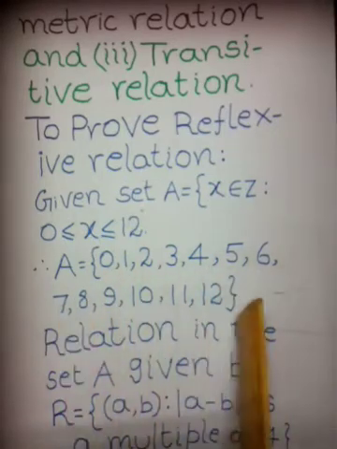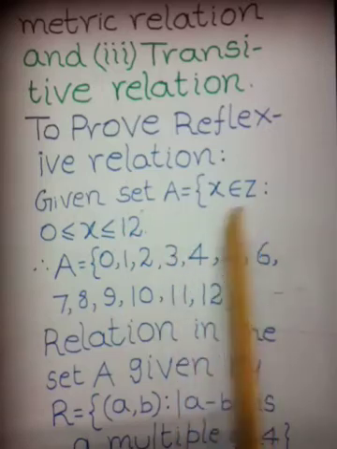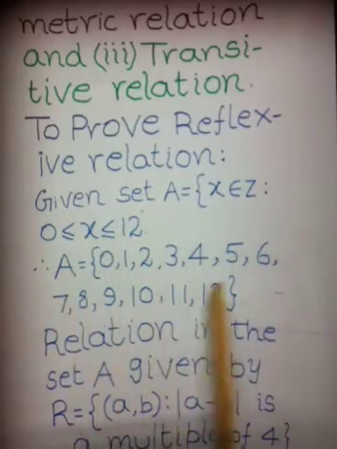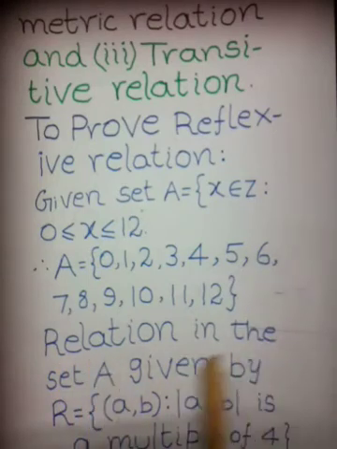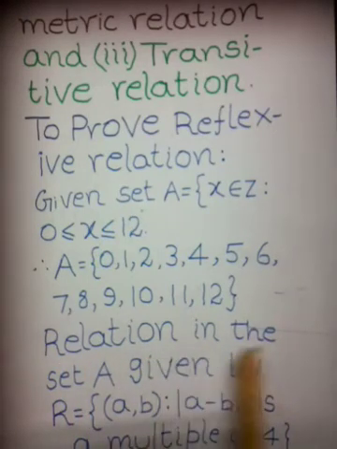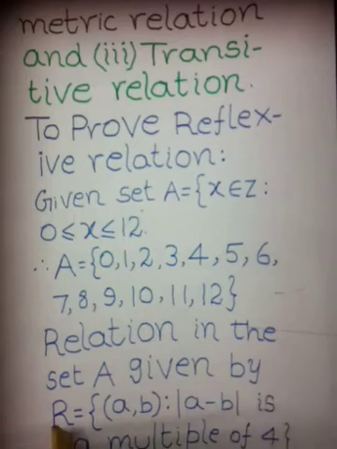And the relation in the set A is given by R is equal to the set of all ordered pairs (a, b) such that modulus of a minus b is a multiple of 4. This is the given relation.